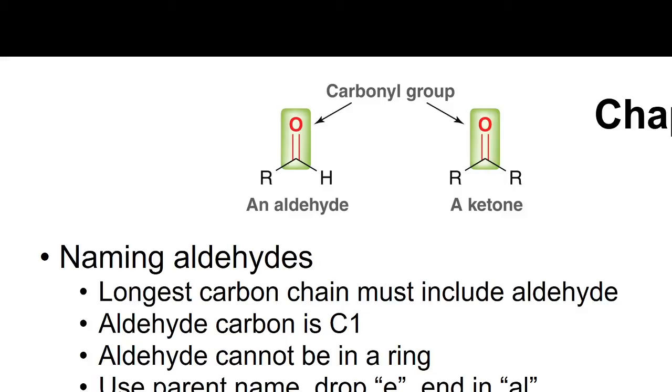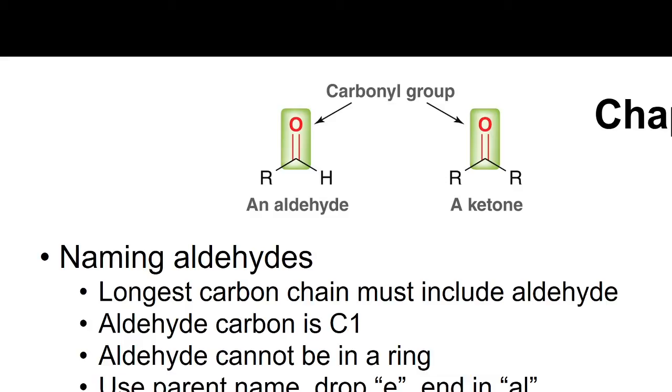So our carbon chain will be 1, this will be 2, 3, 4, 5. So the aldehyde cannot be in a ring. If it is, that would be considered a ketone. And the parent name we would use for the longest carbon chain, this is pentane. We drop the E and end it in al. So the name for this one will be 3-bromo-2-ethylpentanal.